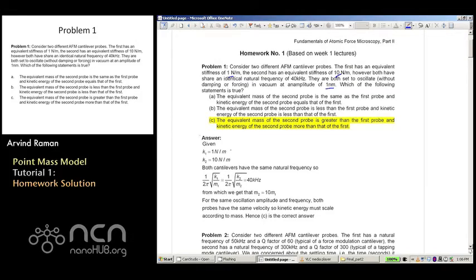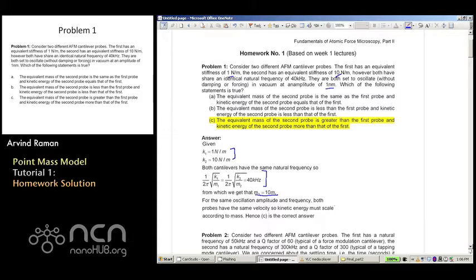And so what happens here is, you're given that the natural frequencies are the same, which means that the only way you're going to have the stiffness of 2 being 10 times greater than the stiffness of 1, and yet have the same natural frequency, is if the mass of the second is also 10 times larger than the mass of the first.